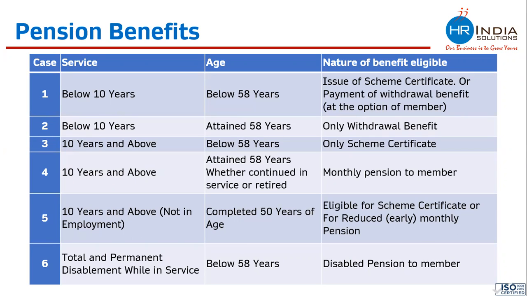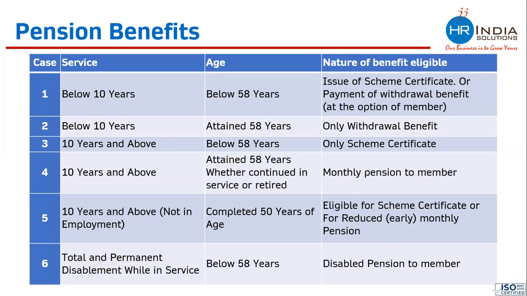There can be a case where the person is getting monthly pension and he is getting salary from some company also. This can be a case when one of your employees has contributed for more than 10 years, has attained 58 years of age, and is still continuing in your company as an employee. So you would not stop his PF contribution. You will only stop his pension fund contribution, but that money will go into the provident fund.